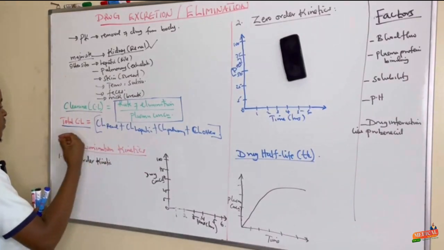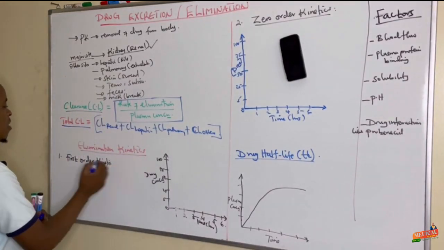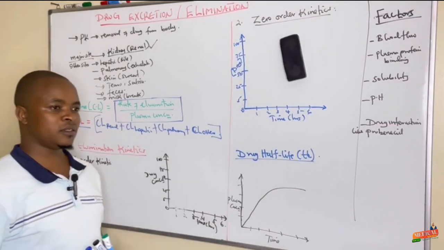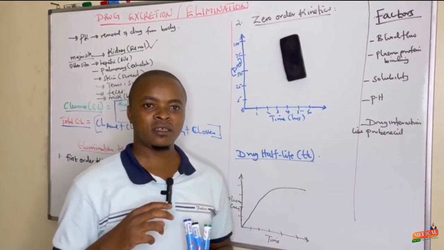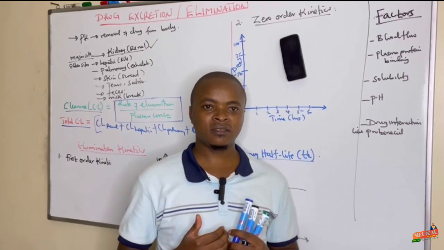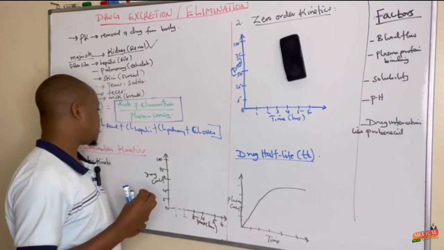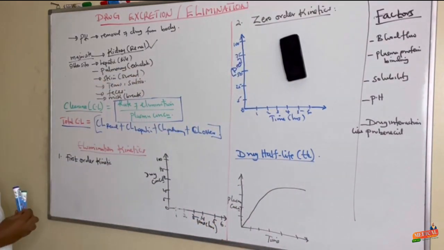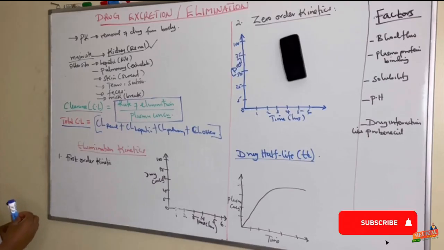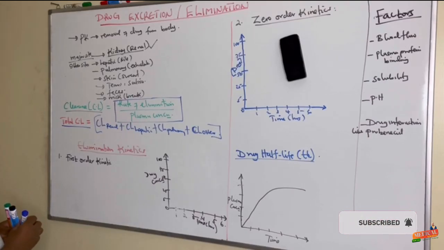After seeing this, now we are going to see how these drugs are eliminated. They are eliminated via kinetics, whereby we are going to discuss first order and zero order kinetics according to Michaelis-Menten.